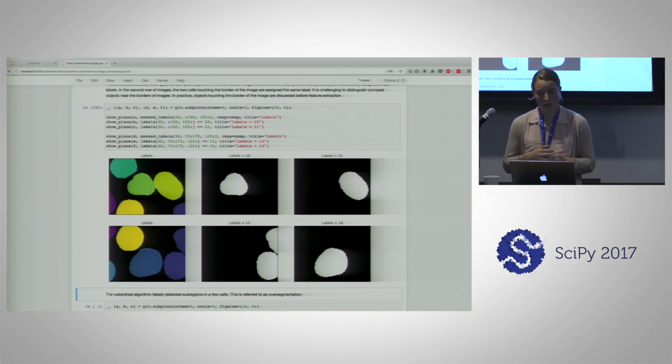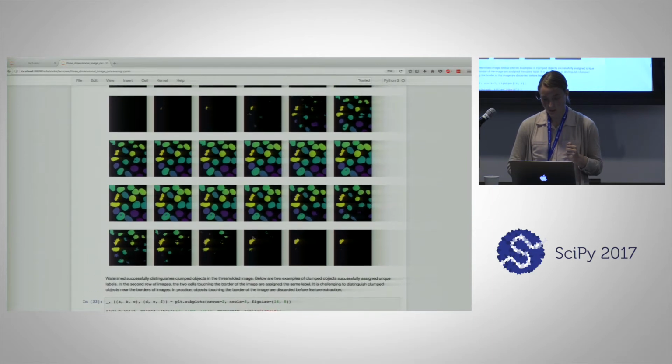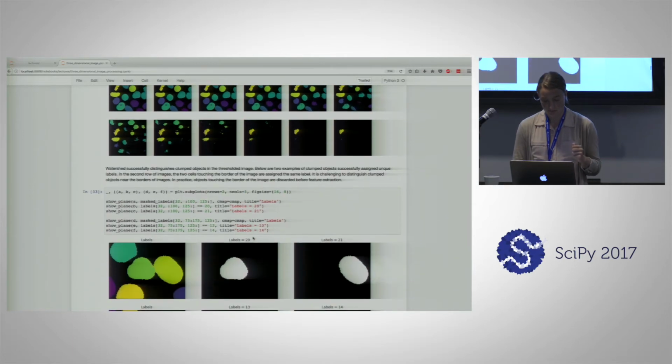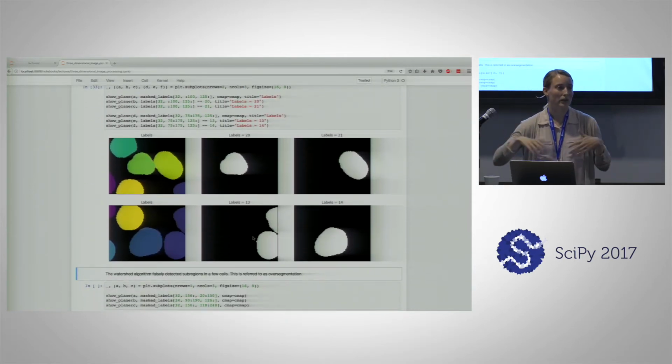In the bottom was another region that was a little bit questionable, so I decided to zoom in on it and take a look. We see that the 2 cells that were assigned the same label, sorry, I'm going to zoom up, are in the center right of our image, and they are indeed touching the image boundary. And we're going to forgive ourselves for assigning these two cells the same label, because when we go on to measure features, we tend to discard the cells that touch the boundary, because we don't have the full picture there.